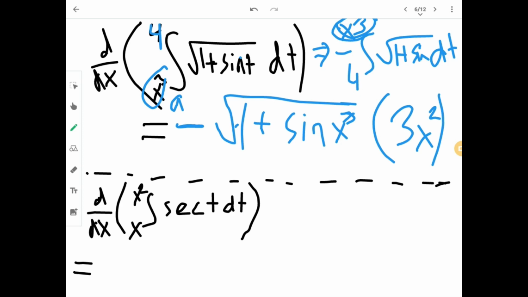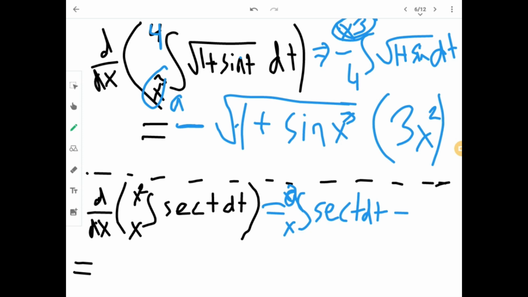Next one, the integral of secant from x to x squared. Here you have to apply the first fundamental theorem of calculus, but you have an integral that is not a constant, so you basically have to separate it into a constant. So you equate this into integral from x to, actually not 0, make it any constant a, such that it's between x and x squared.